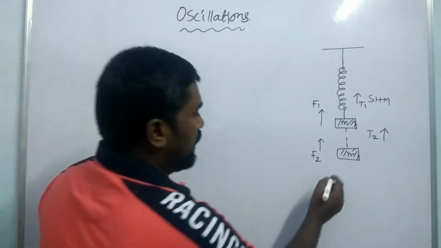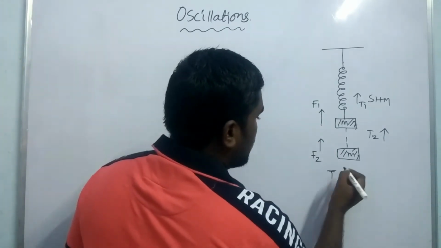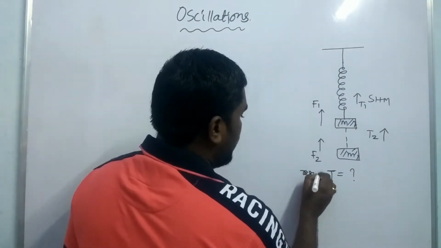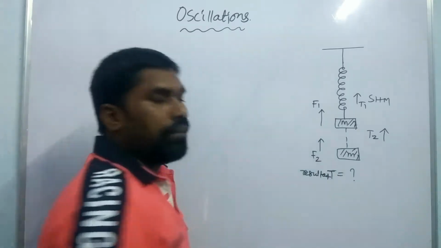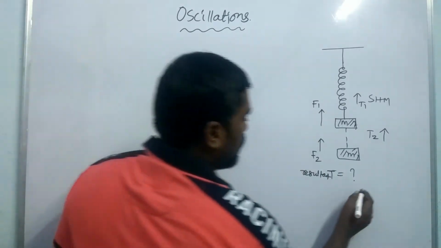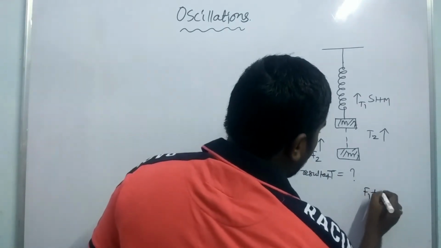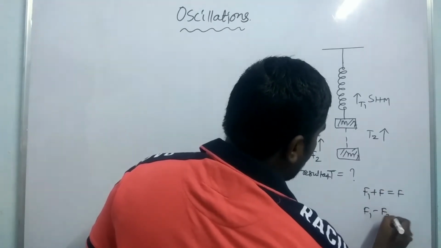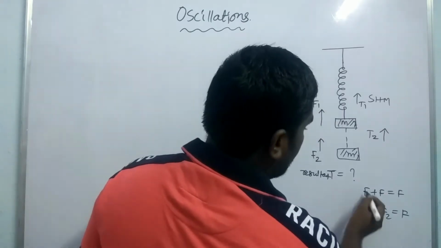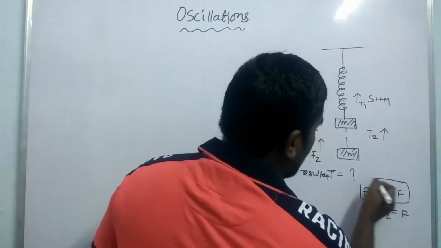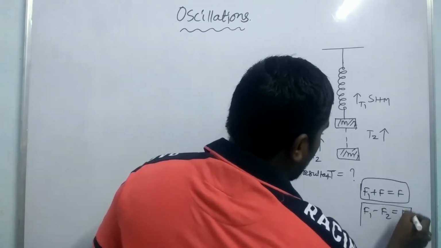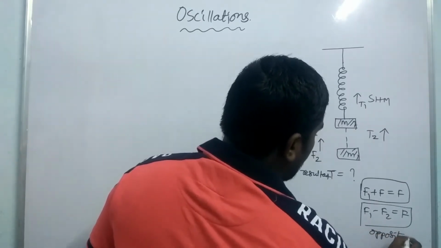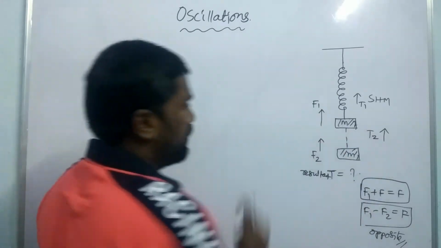So now we have to find the resultant time period when the forces are combined to each other. It means F1 plus F2 is equal to F, and F1 minus F2 is equal to F. It means if two forces are combined, and if two forces are acting opposite to each other, in these two cases we have to find the resultant time period.